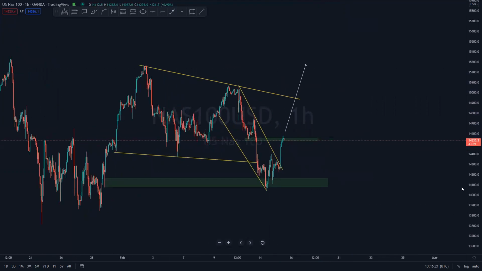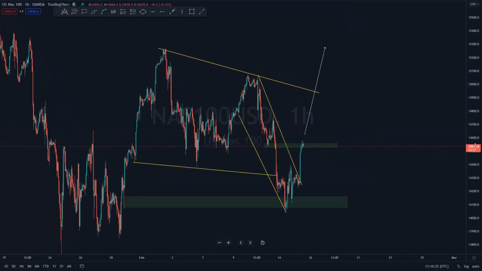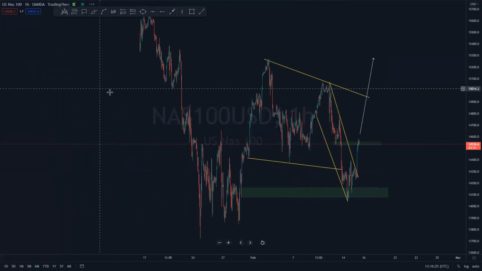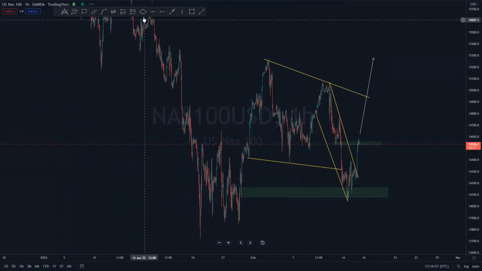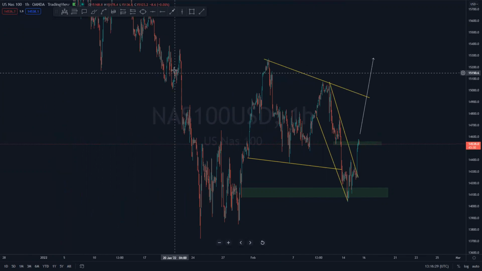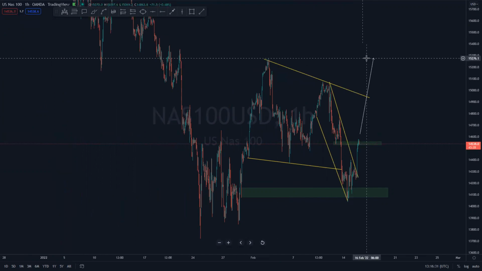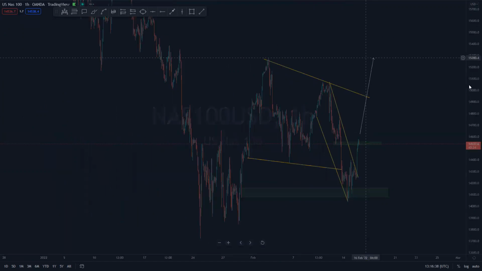So I'm looking at nas100 to go to the upside. My take profit is going to be somewhere around here, but I'm going to go to daily and show you something.